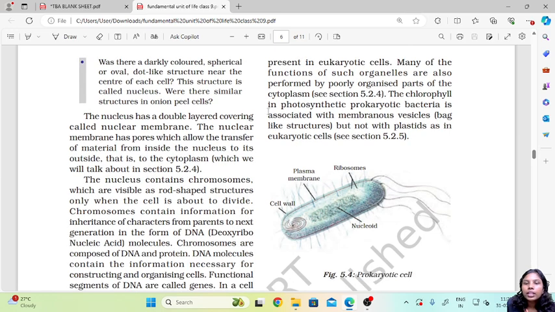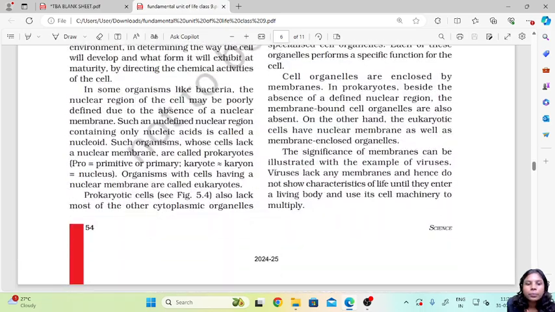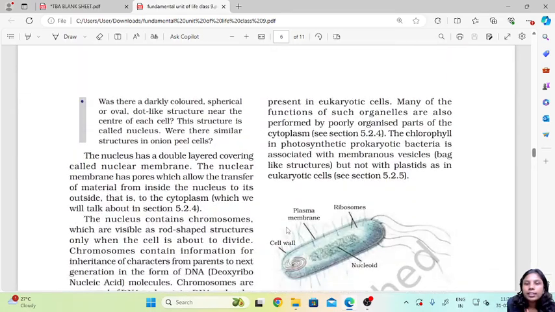The chlorophyll in photosynthetic prokaryotic bacteria is associated with membranous vesicles, bag-like structures, but not with plastids as in eukaryotic cells.